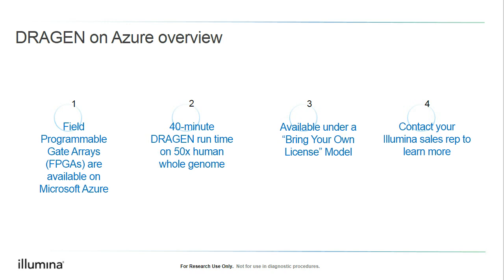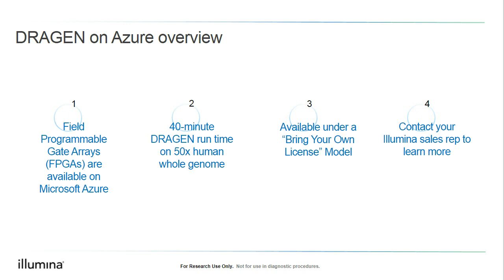Today, if you want to run DRAGEN on Azure, it's available under a bring your own license model. What that essentially means is that you can set up your environment in Microsoft Azure, and we have our application in Azure Marketplace today. You can contact your Illumina sales rep to get access to a license that will let you run DRAGEN.